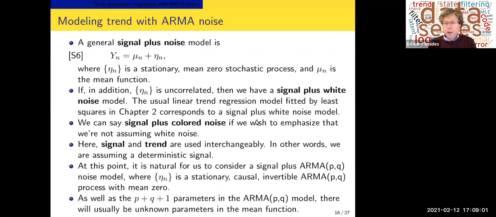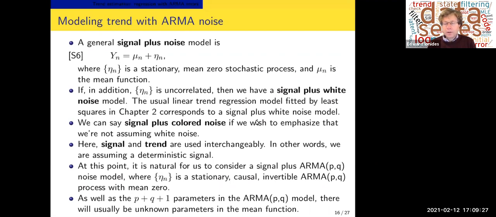Now, given where we're at with developing ARMA theory, it's natural to consider an ARMA(p,q) model for this stationary noise process eta_n, and in particular, we'll suppose that it's a stationary causal invertible ARMA model with mean zero.